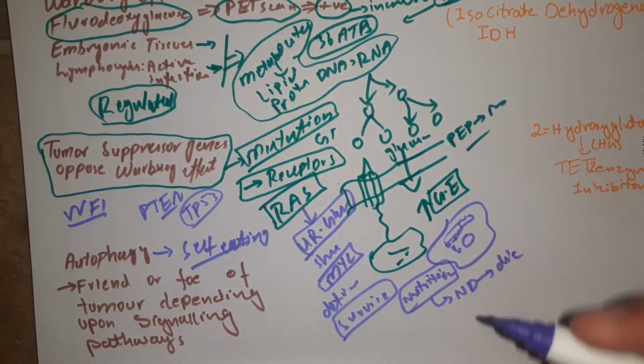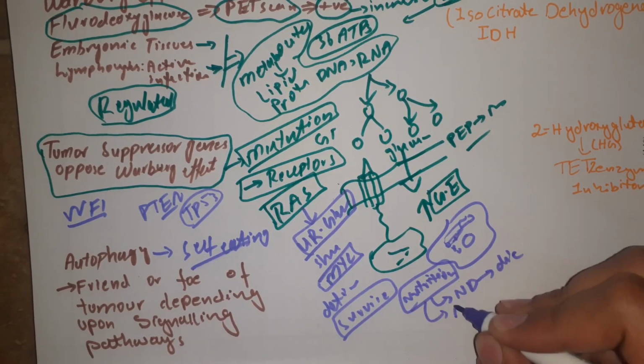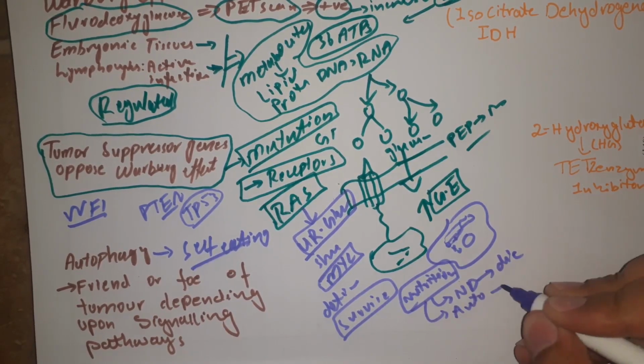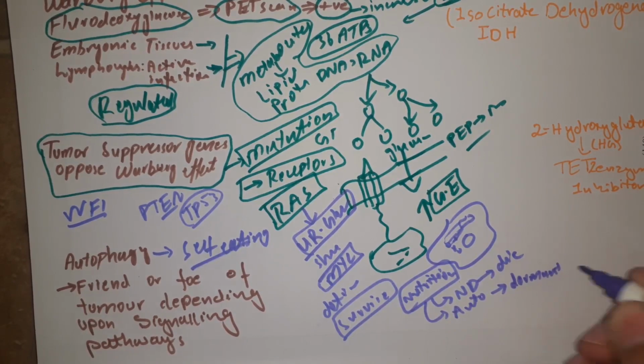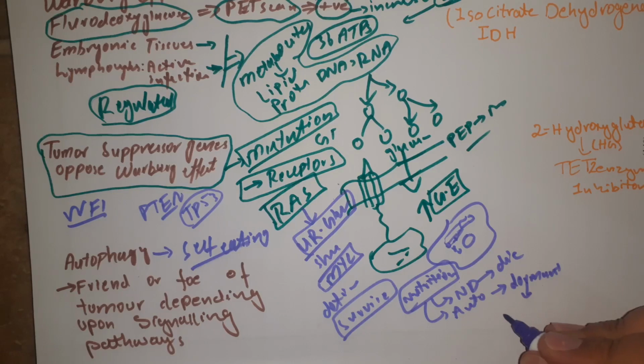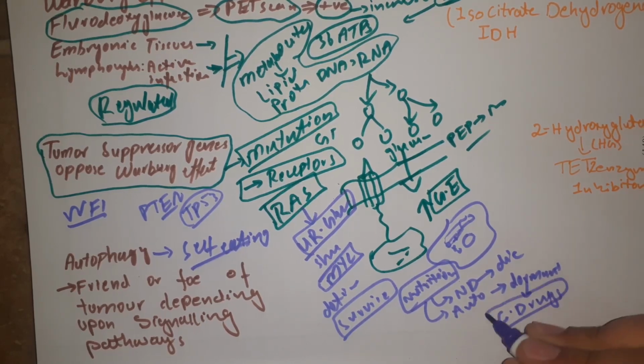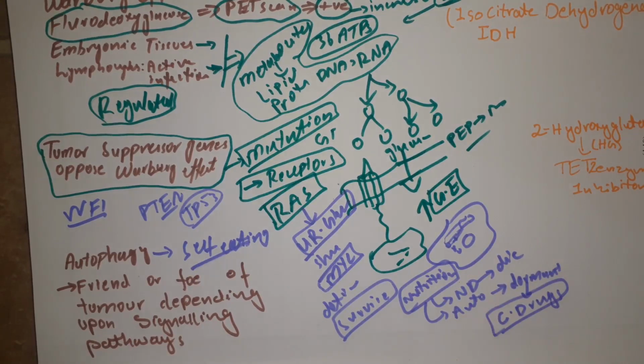However, some tumor cells respond with autophagy, and they become dormant in this way. And when they become dormant by adopting autophagy, what happens? They don't respond to chemotherapeutic drugs. It is because chemotherapeutic drugs basically target rapidly dividing cells, and when a tumor cell adopts autophagy and becomes dormant, it doesn't divide rapidly.